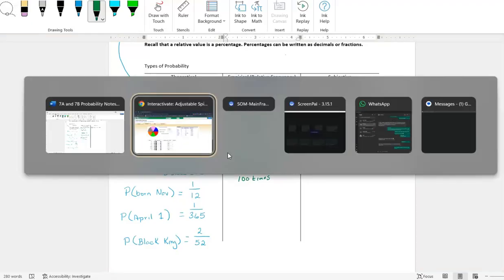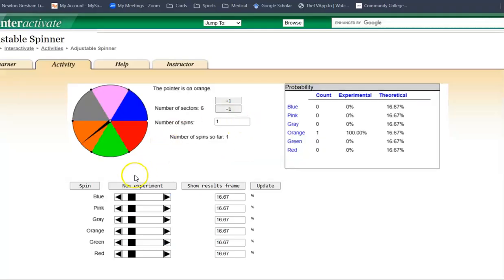So we're going to do a new experiment. We're going to change this to 100. And now we're going to spin that wheel, which is like simulating throwing a die. And now we end up with 22 out of 100. And that's 22%.